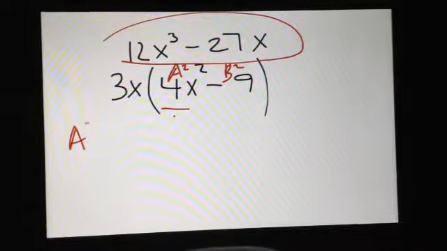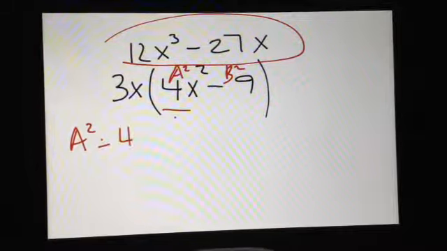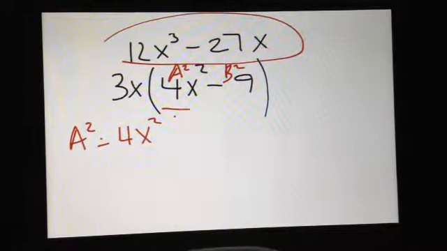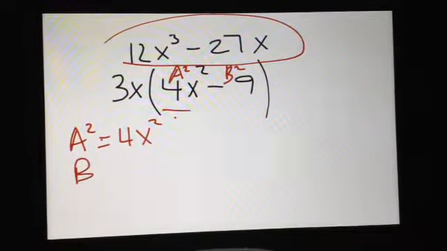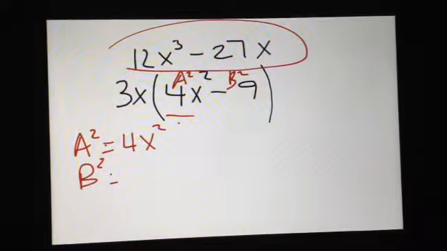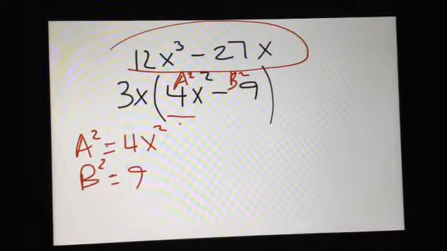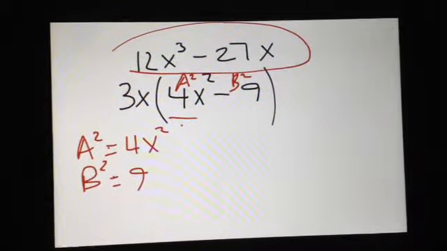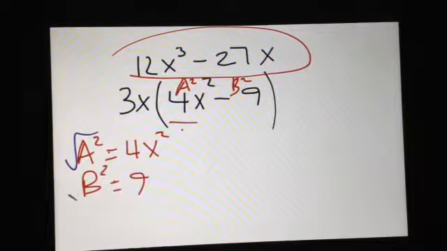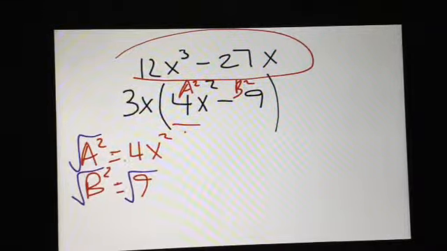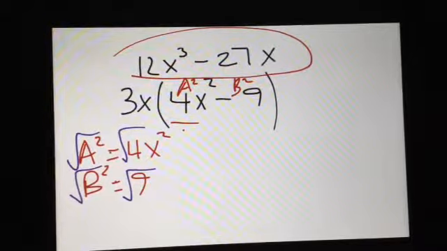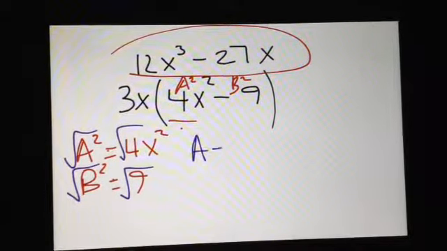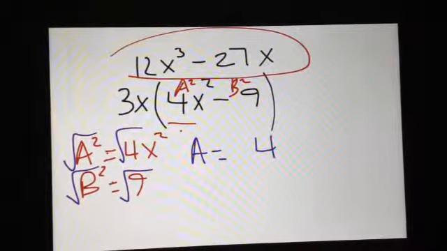So if a squared equals 4x squared and b squared equals 9, we have to figure out what a and what b are. So what we're going to do is take the square root of all of these, and we'll end up getting a equals 2x.